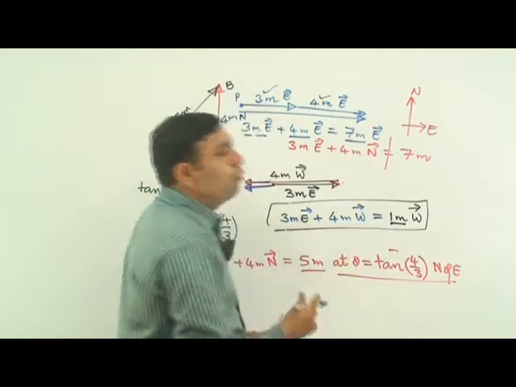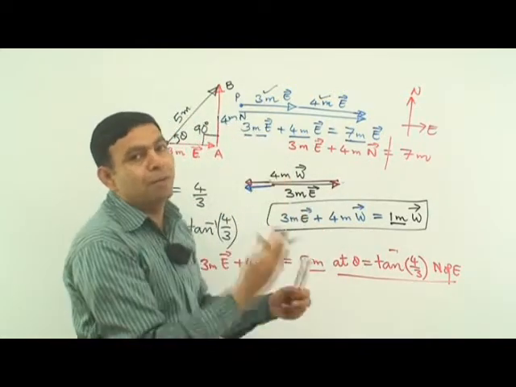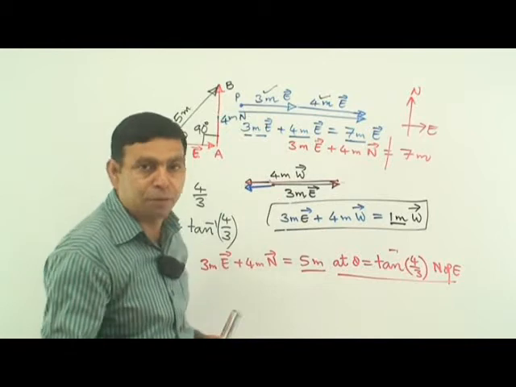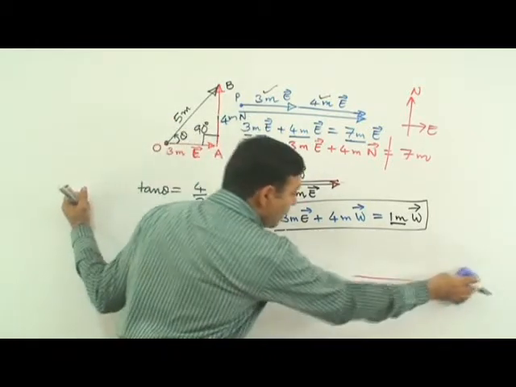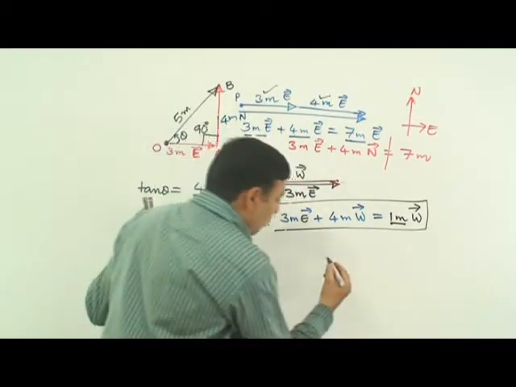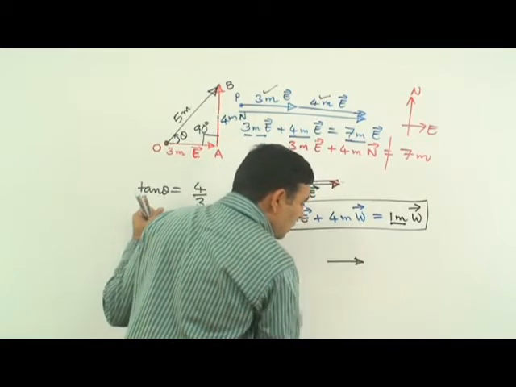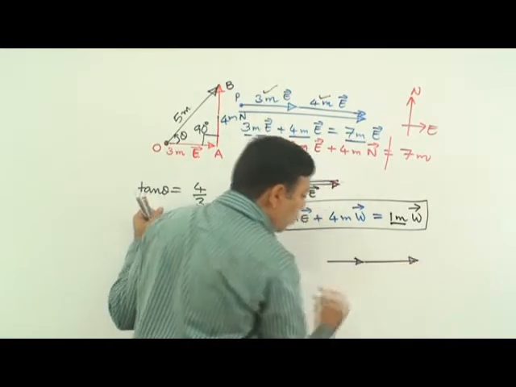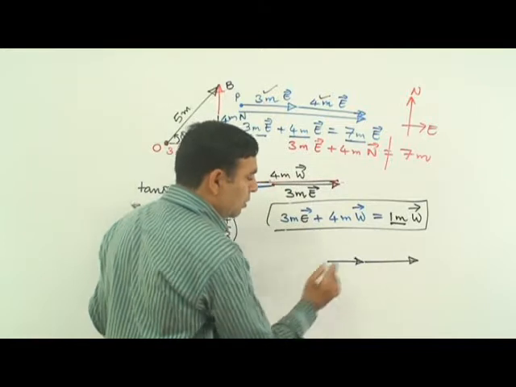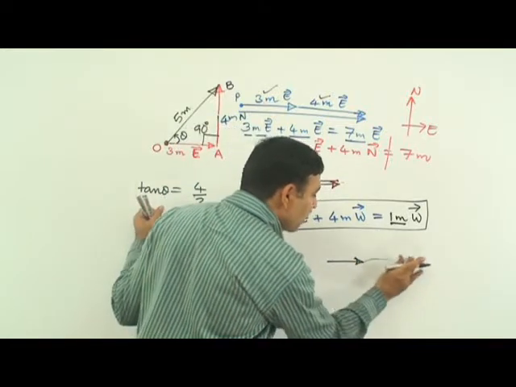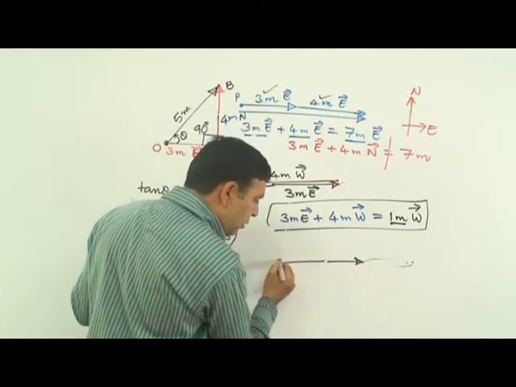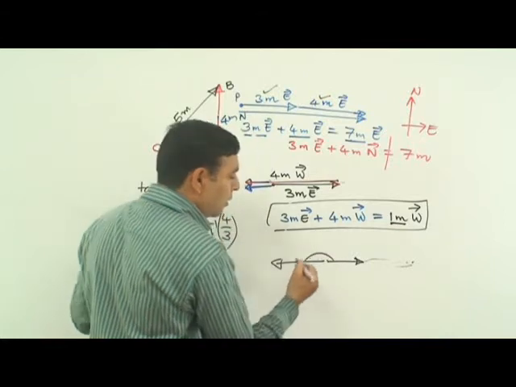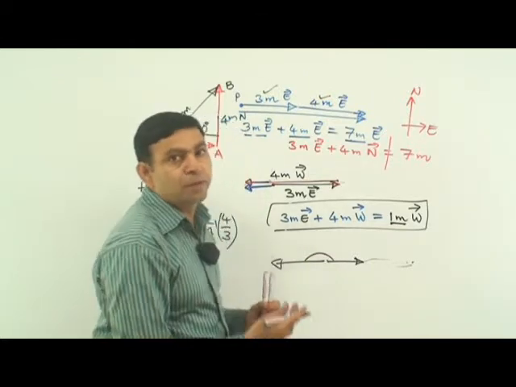For any other angle, you can have a different value of the vector resultant. In fact, resultant will be maximum for given two vectors when they are in the same direction, and minimum when they are in the opposite direction. For any other angle, resultant lies between this minimum and the maximum value.